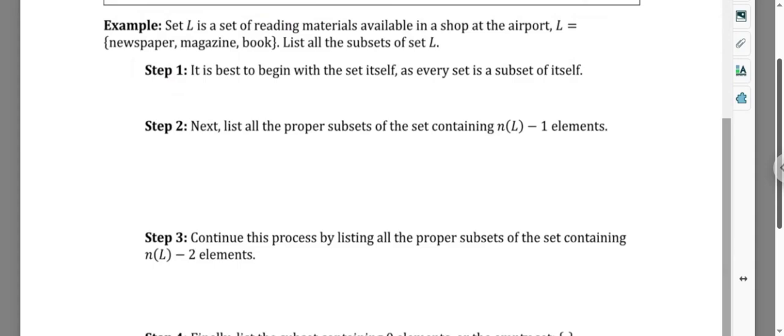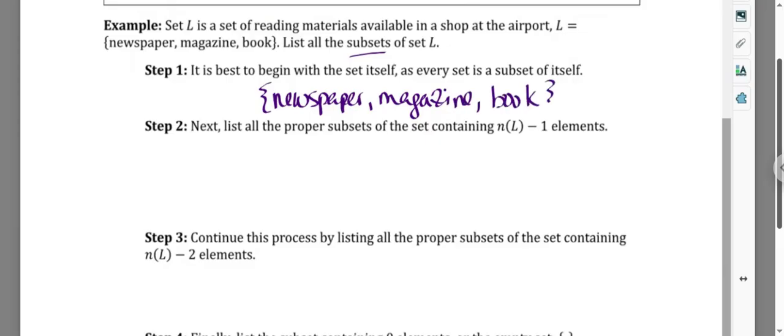So we have reading materials available in the airport shop. So when listing out just subsets, I would start with all of the original set. And then I start listing the combinations if I take one element away.